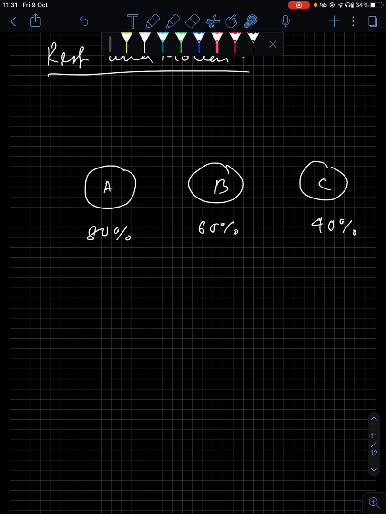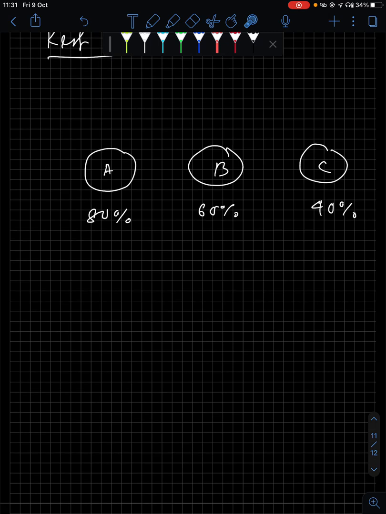Now you ask B whether A and C are good or bad in mathematics. B will say that A is good but C is poor in mathematics. If you ask C, C will say that A and B are very good in mathematics. Now you see with respect to whom the comparison is being made.